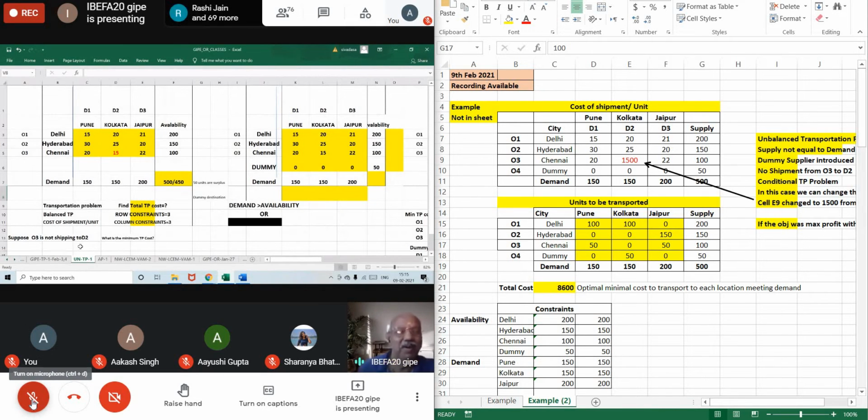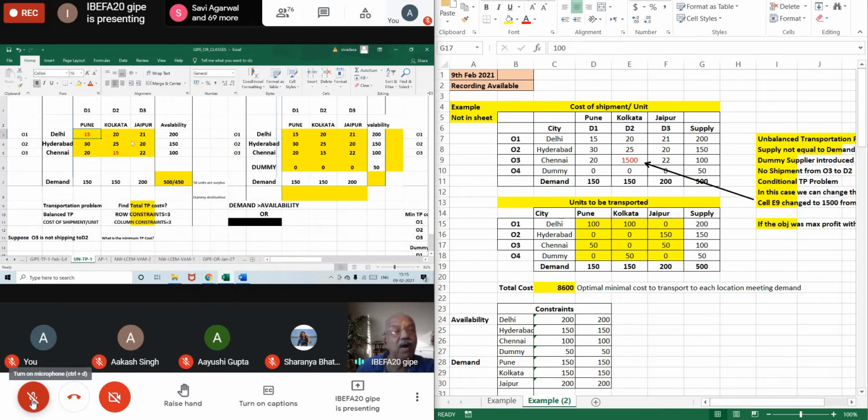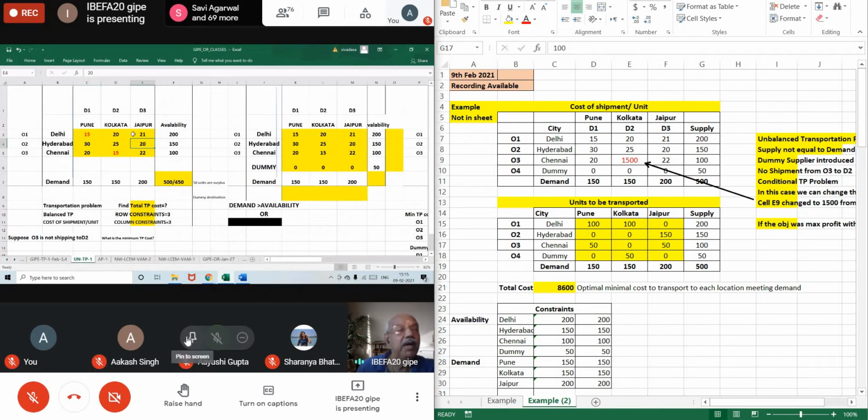If it is possible, then we don't want any method. We ourselves can allocate according to the given conditions and then find the optimum, correct? Say O1 to D1 doesn't want to transport the product. Then O2 doesn't want to transport to D3. Now another says I don't want to transport to Calcutta.